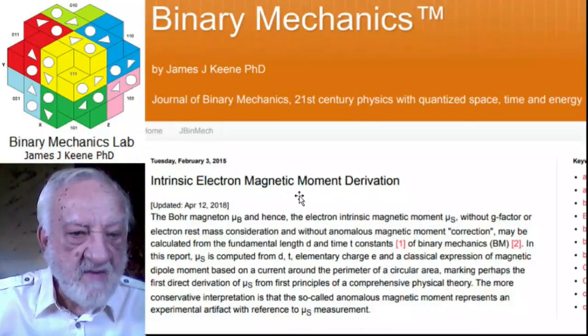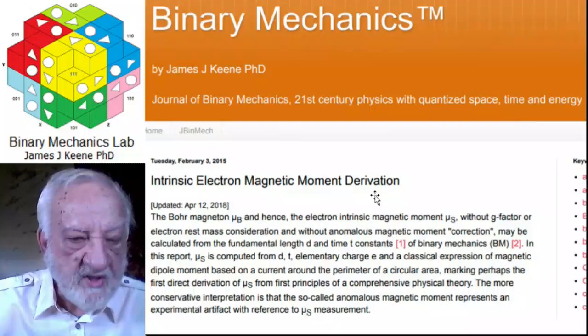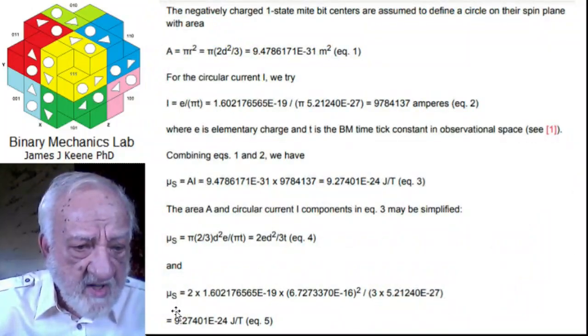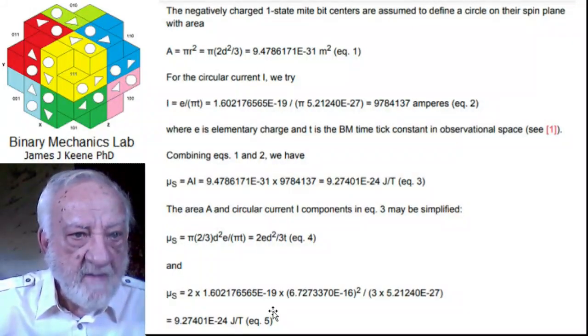Intrinsic electron magnetic moment derivation. Our calculations give you the measured value in joules per Tesla units for the Bohr magneton.